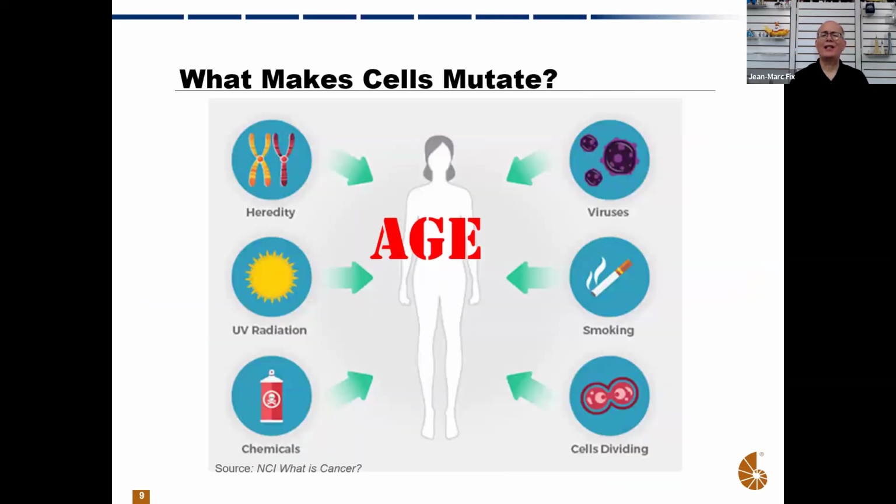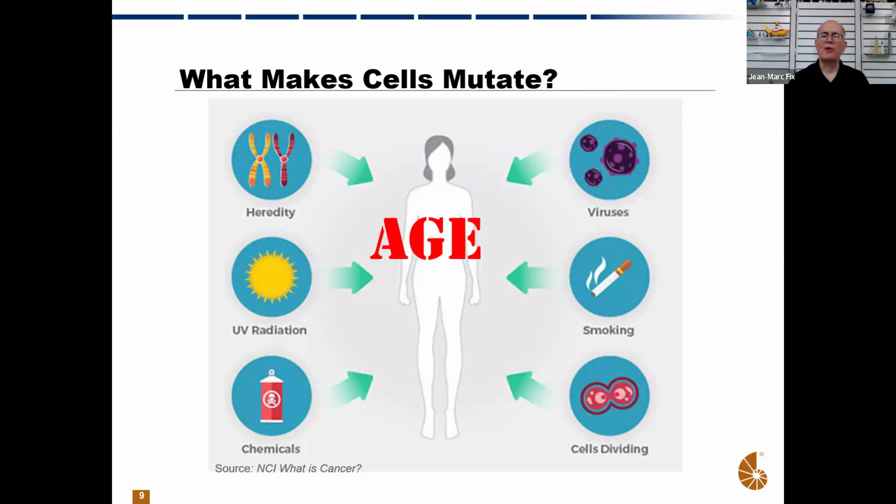So that's why age is the primary factor for most cancers. Incidence tremendously increases with age for most cancer types, because it's a matter of accumulating enough mutated cells that one figures out how to become a cancer.